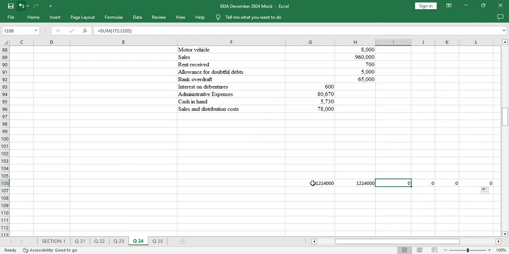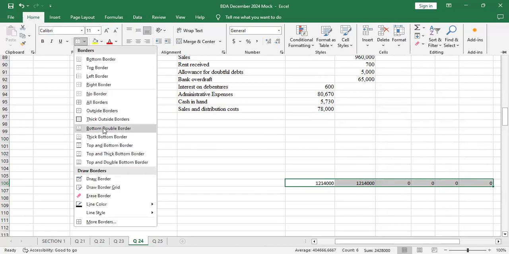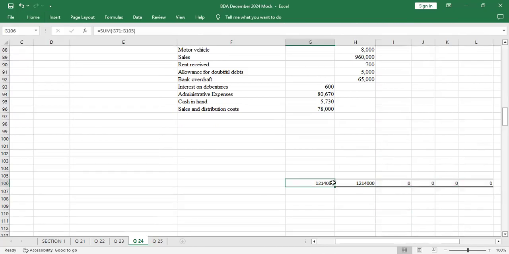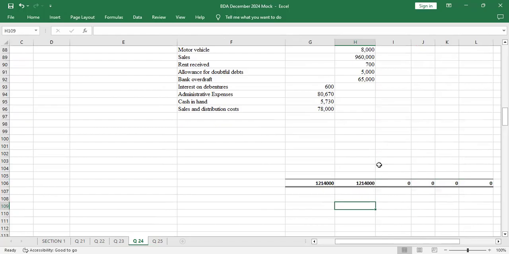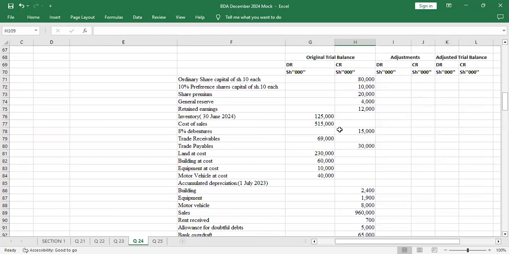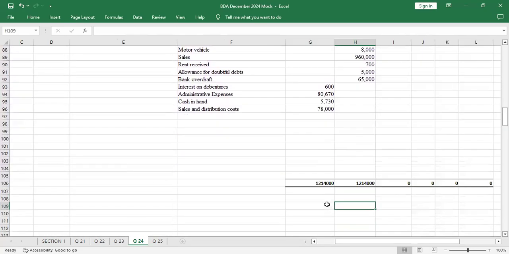So I'll create a top border, then a bottom double border, and you can also bold this. So we have done with the original trial balance, and on this only you are supposed to get 4 marks.